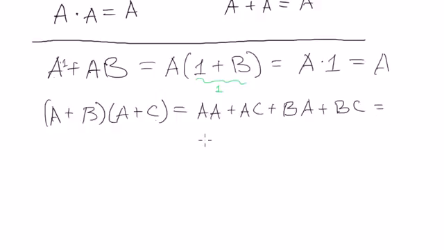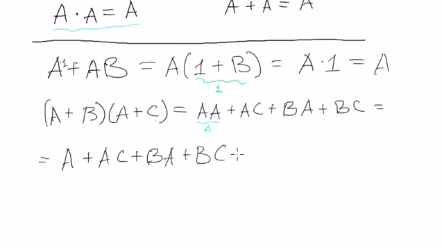So what do we have here? We have a multiplied by a, and you can see that a multiplied by a is a. So we know that this is actually just a. Let's write it down. It's already simpler, so it's a plus ac plus ba plus bc.